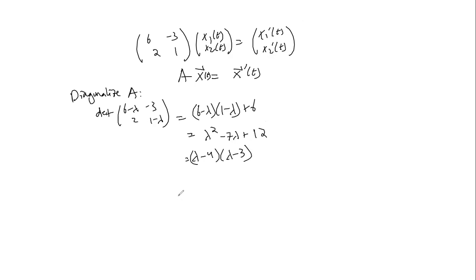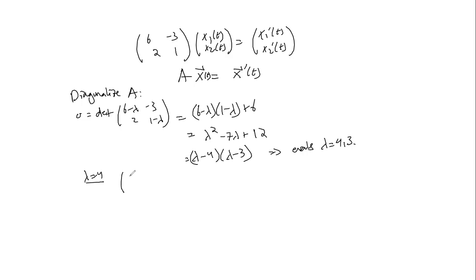And we get (lambda minus 4) and (lambda minus 3). And so we find that eigenvalues are 4 and 3, because eigenvalues, remember, are solutions to this polynomial equals 0. Okay, so we find eigenvectors now.